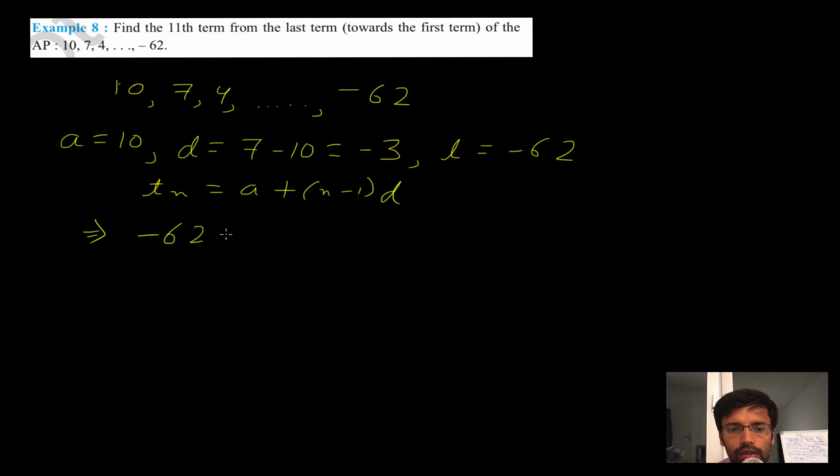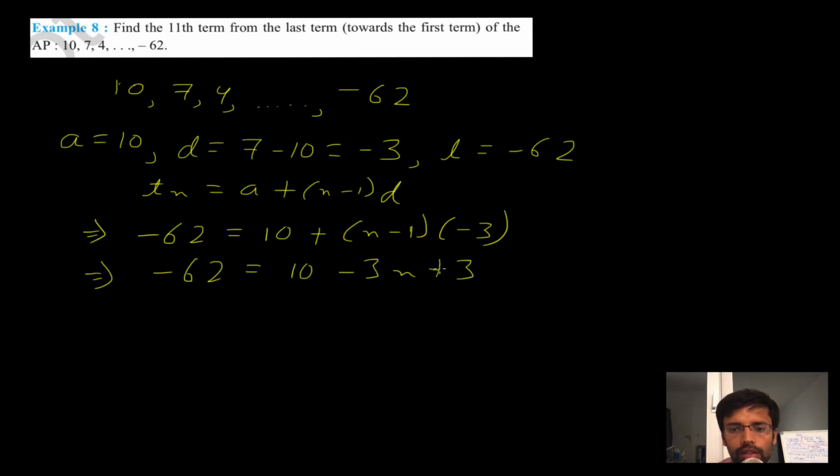So minus 62 equals 10 plus n minus 1 times minus 3. Or we could write this as minus 62 equals 10 minus 3n plus 3. So this will be minus 62 and then minus 13.